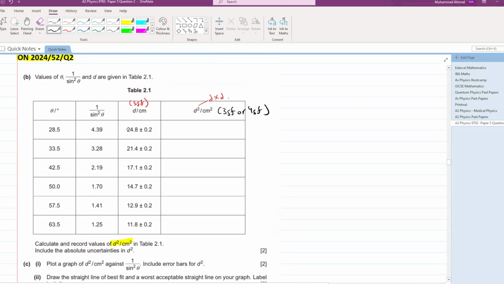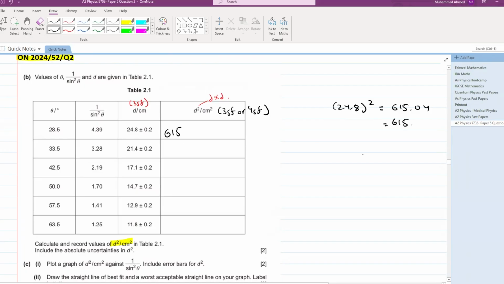Perfect. So your initial d is 24.8. D square will become 24.8 whole square. This comes out to be 615.04. Obviously, you will write it to three significant figures. 615 is your answer.